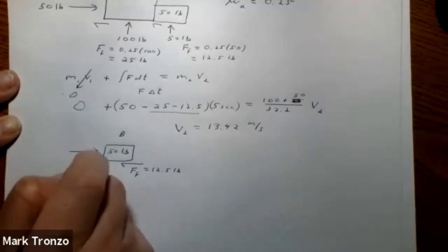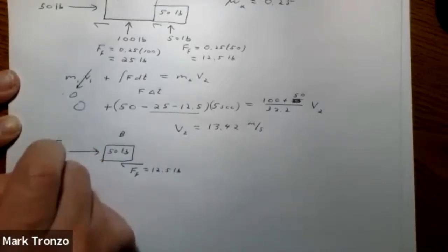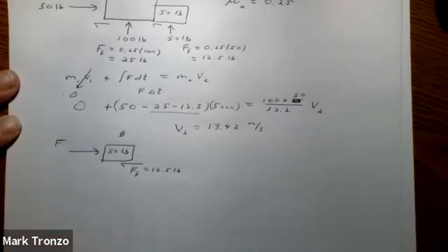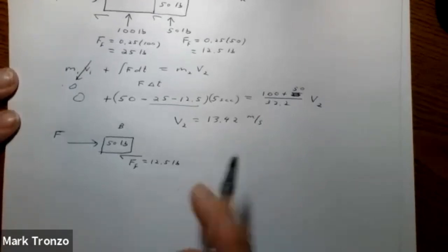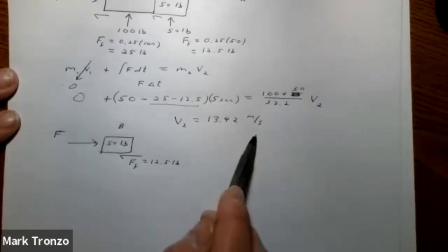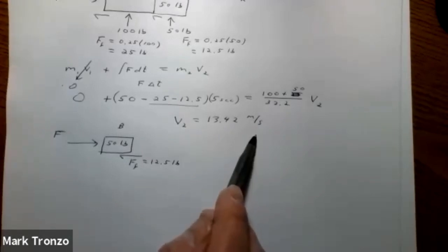And we want to know what this force acting on it here is. We don't know what F is. But we do know the final velocity, right? We know that both blocks are going to move at this velocity here.